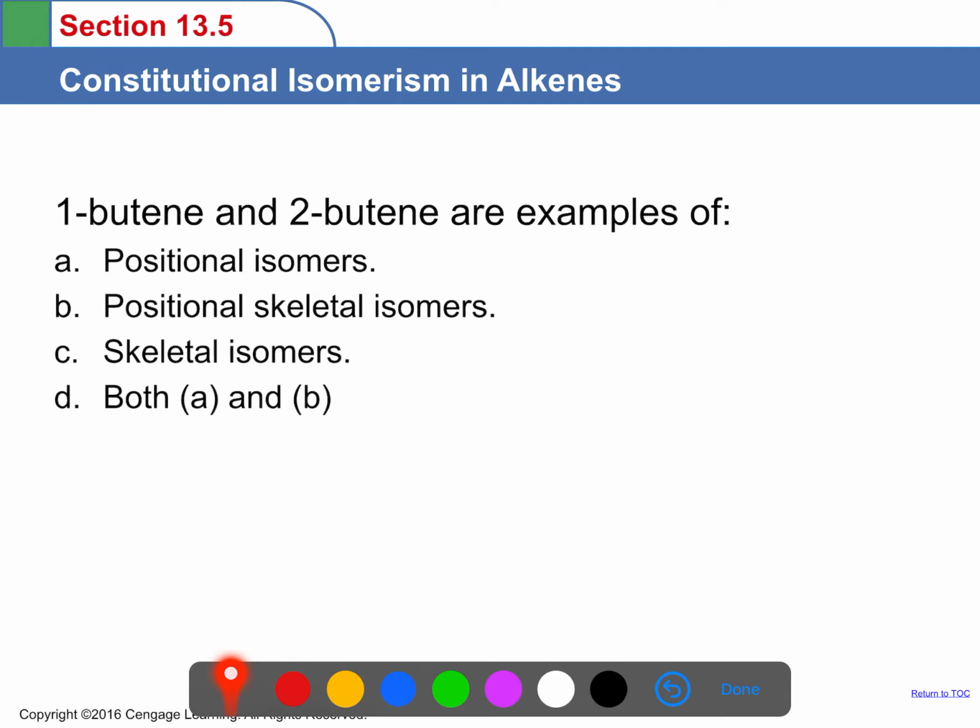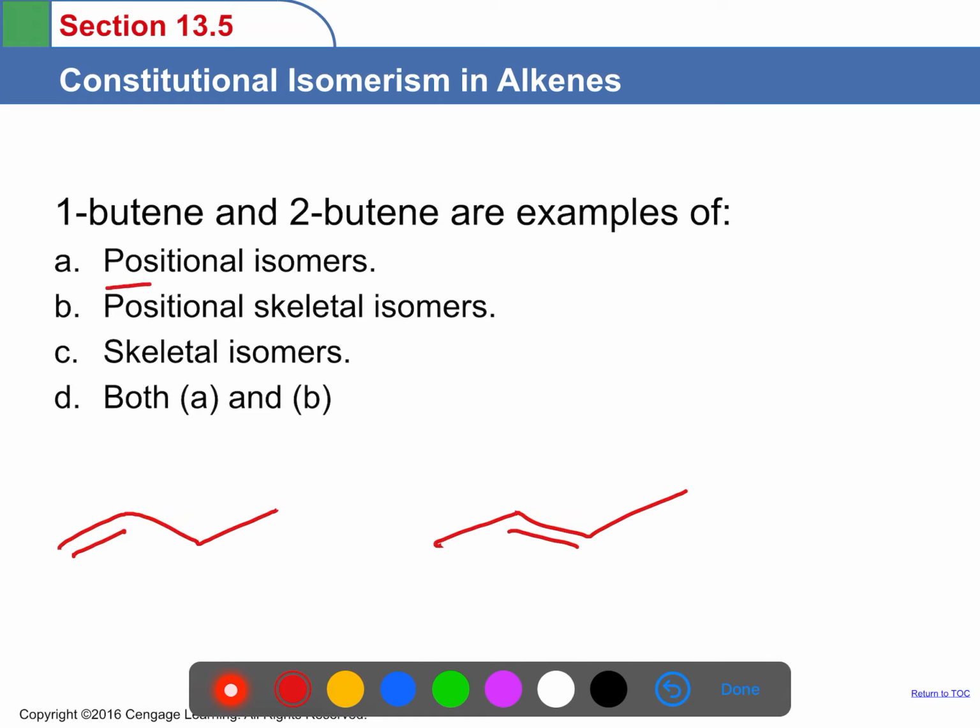So here's an example. 1-butene and 2-butene are what type of isomers? Let's go ahead and draw these out. Butene is 4 carbons. Here's 1-butene, double bond starting on carbon number 1. And here is 2-butene. In this case, we've got the same formula, so they are going to be some type of constitutional isomer.